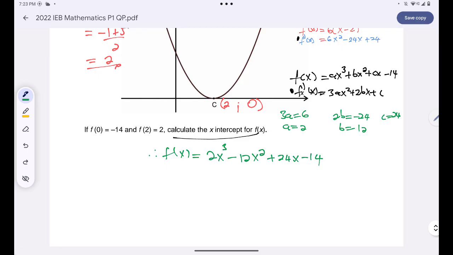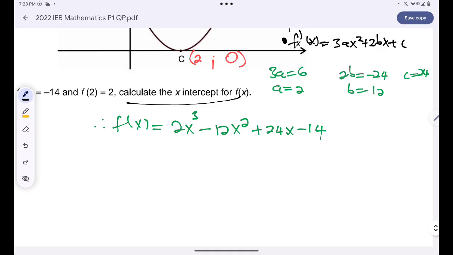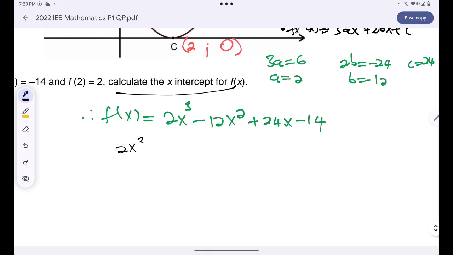Now I do have the equation. All I need to do is to find the x-intercept. For me to find the x-intercept, I know that y is 0. Just make y 0, solve for x. Whenever I do that, I'll end up having 2x cubed minus 12x squared plus 24x minus 14 is 0. I can divide everything by 2. I'll have x cubed minus 6x squared plus 12x minus 7 is 0.